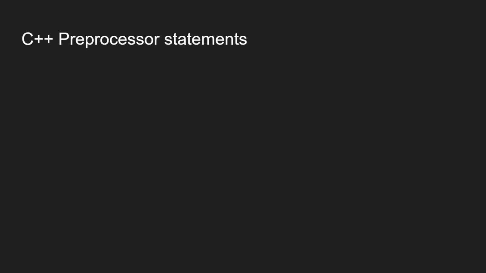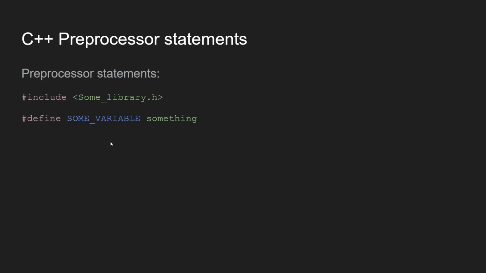Then we are getting to preprocessor statements. Preprocessor statements are defined, as we discussed earlier, by the hashtag. This includes the hashtag and then some certain function or thing you want to recall.